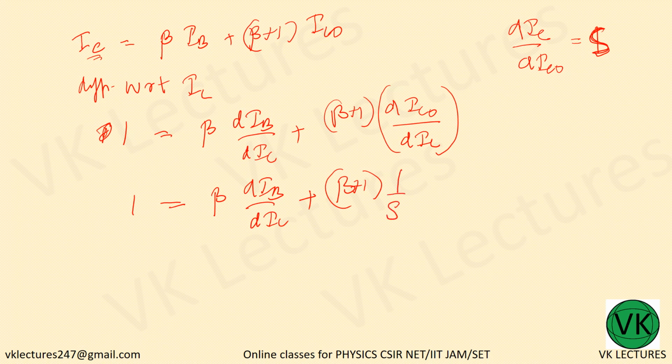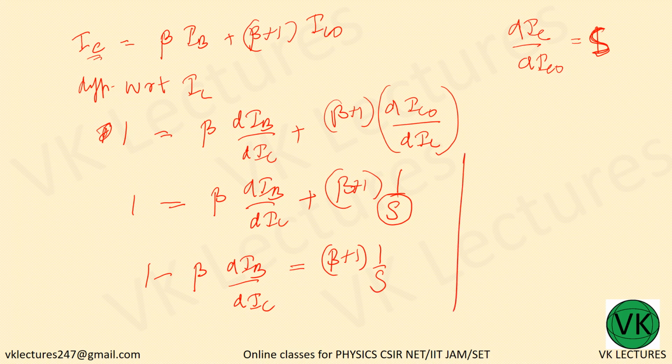Now this is the stability factor. We can write this as 1 minus beta into dIB by dIC equal to beta plus 1 into 1 by S. Now S is equal to, bringing this term to the right side, beta plus 1 divided by 1 minus beta into dIB by dIC.